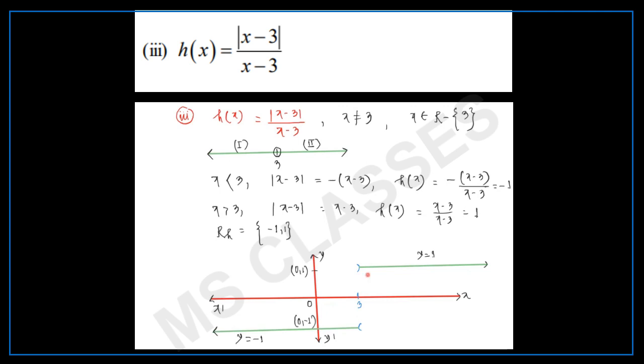So from this we understand that in the range we have only two elements, minus 1 and 1. So this is the graph of h of x equals mod of x minus 3 by x minus 3, x not equal to 3. So from that we get the range as the set containing minus 1 comma 1.